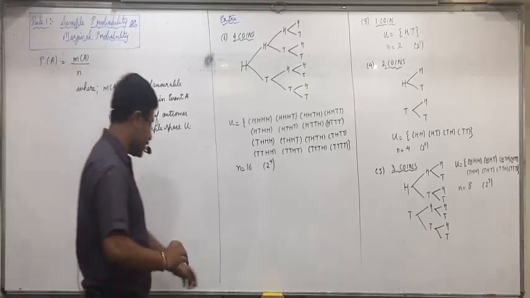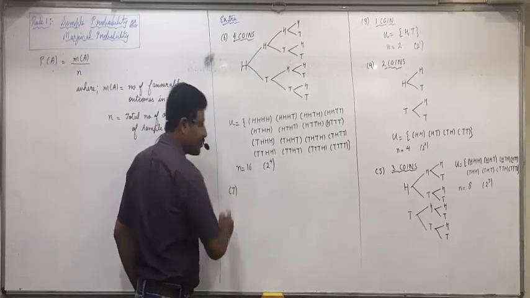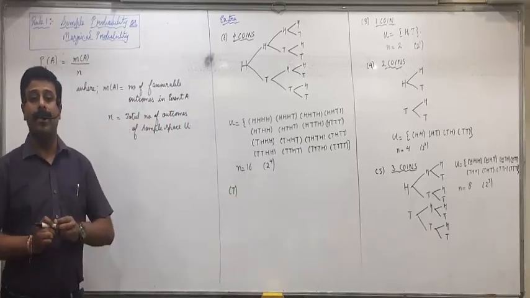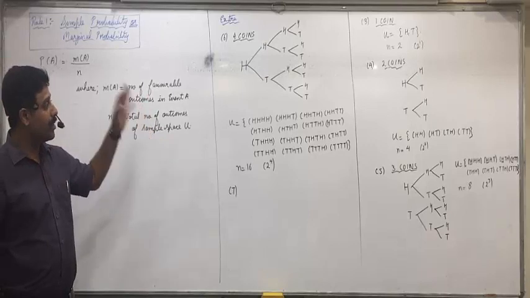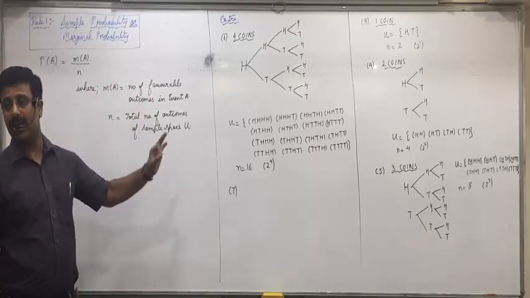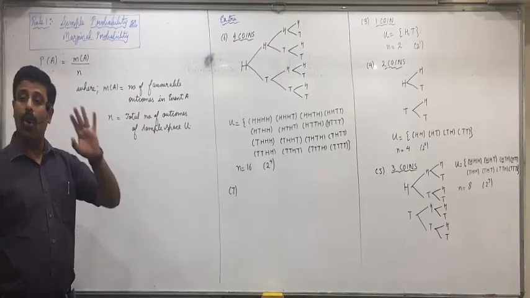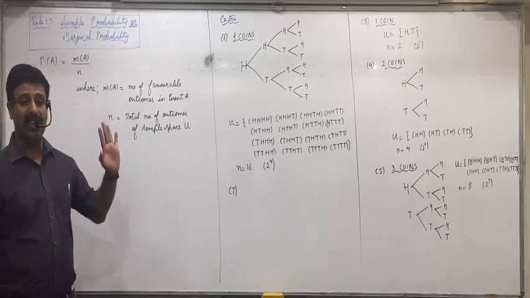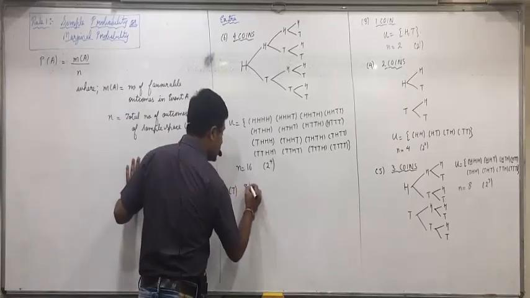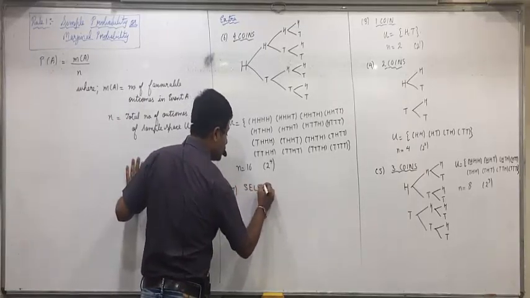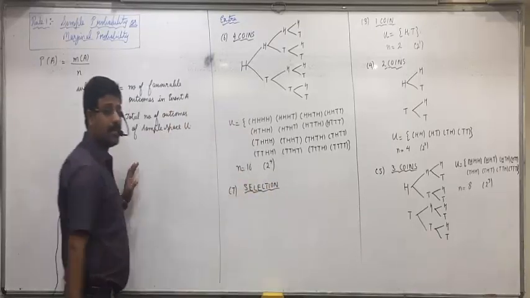Now next concept. Be attentive. Whenever the questions come on dice, coins, children and even numbers, selection of numbers, we will always make the sample space to find the value of n. But whenever the questions come on selection, then we will never make the sample space.